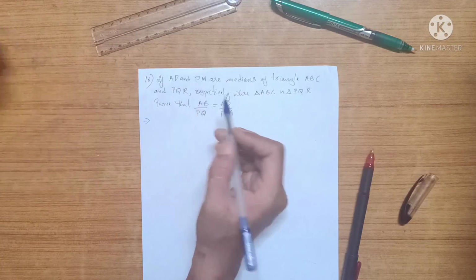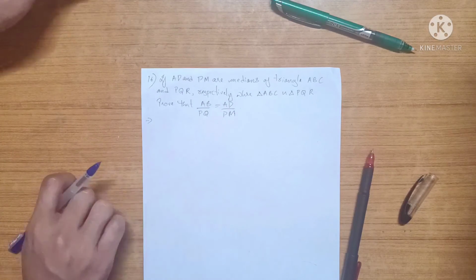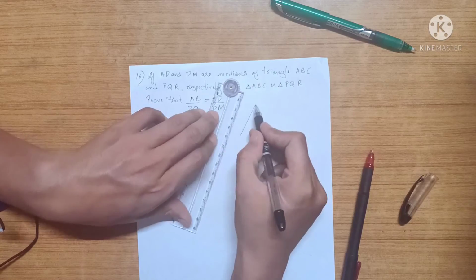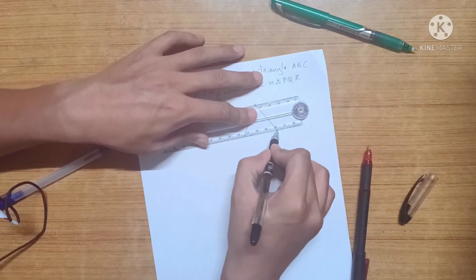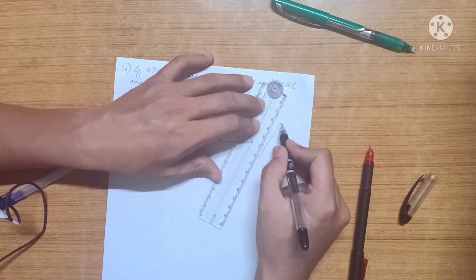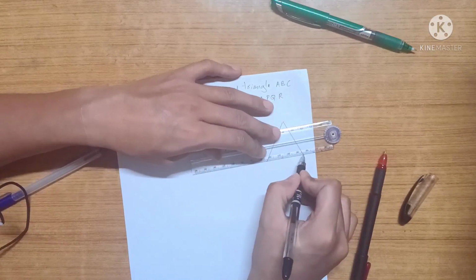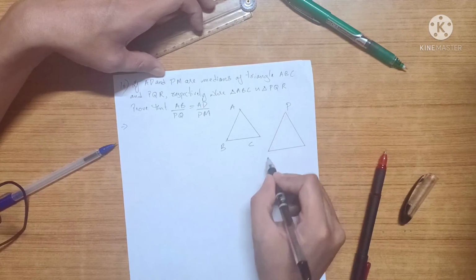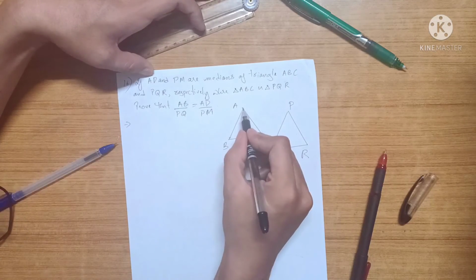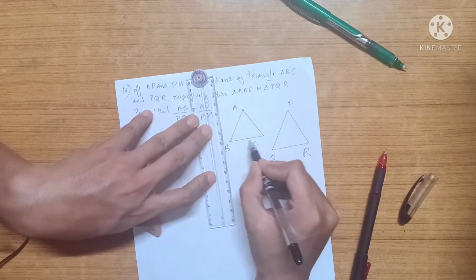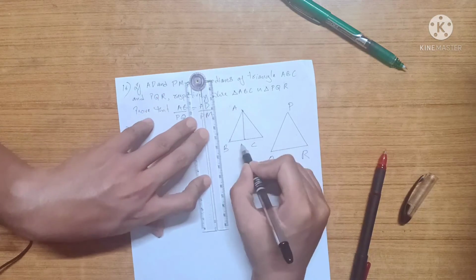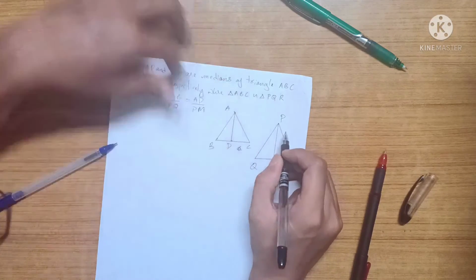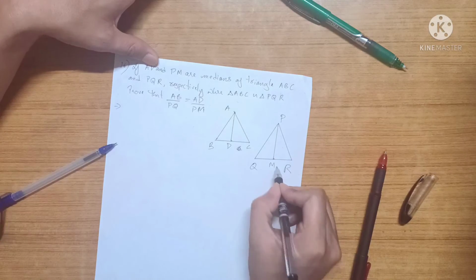If AD and PM are the medians of triangle ABC and PQR, so let's draw two triangles. ABC and PQR such that AD is the median, the midpoint of B and C. So AD is the median, and then PM is the median.